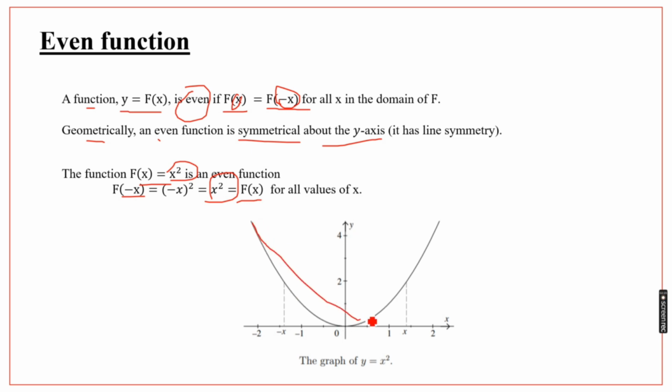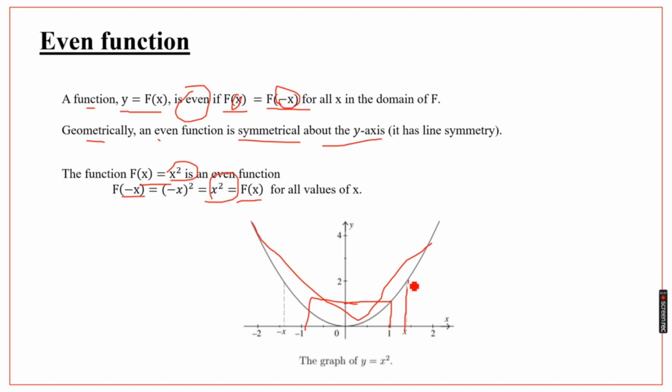It intersects only the y-axis. That's why it has a line symmetry. So for 1, our value is equal to 1, and for -1, it is equal to 1.